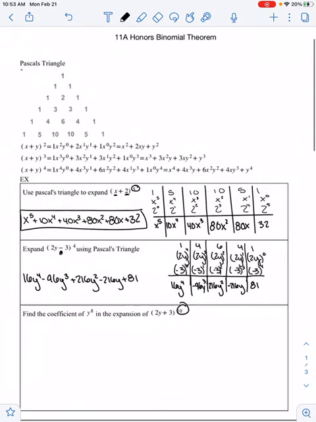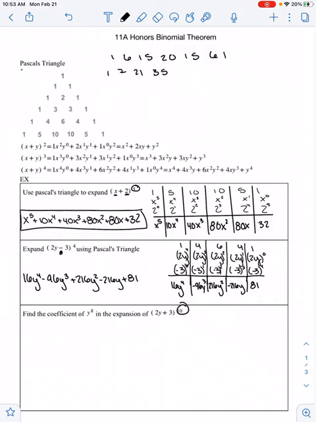So let's keep expanding. Our next row would be 1, 6, 15, 20, 15, 6, 1. And then keep going. We would have 1, 7, 21, 35, 35, 21, 7, 1.